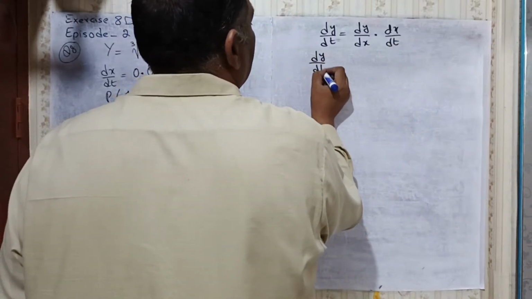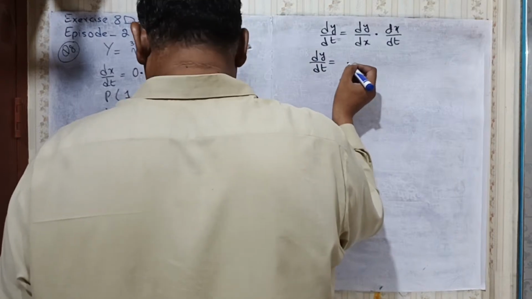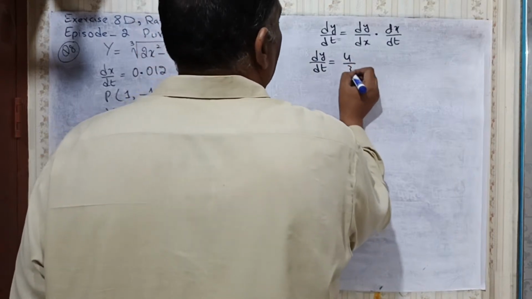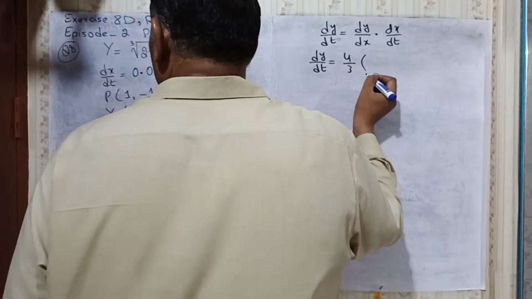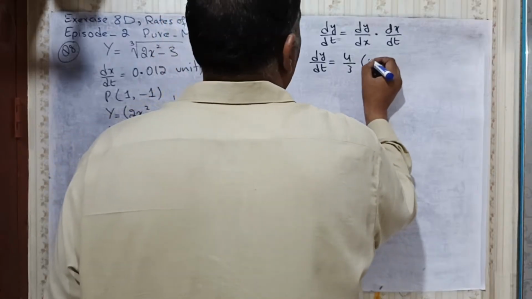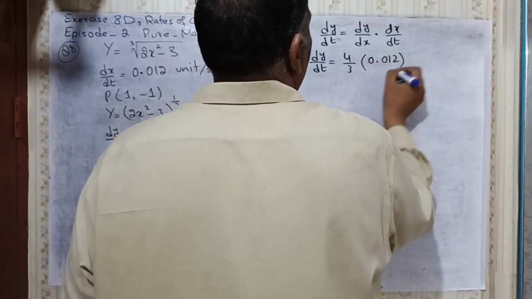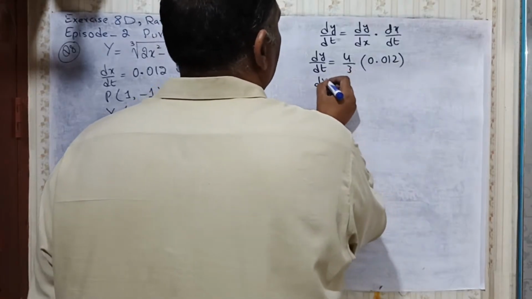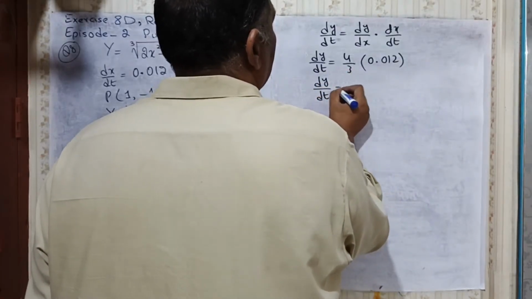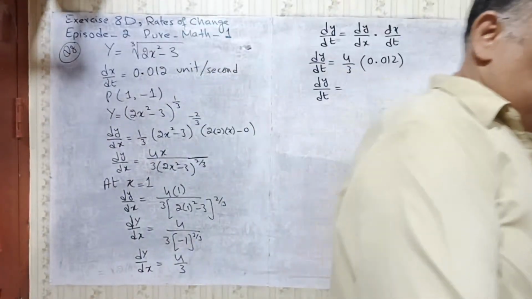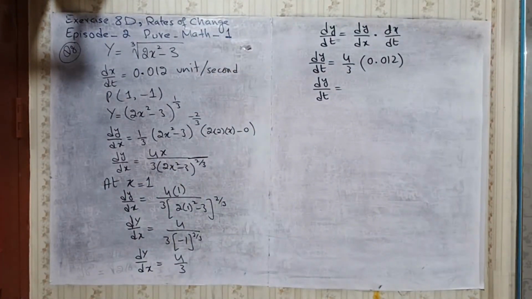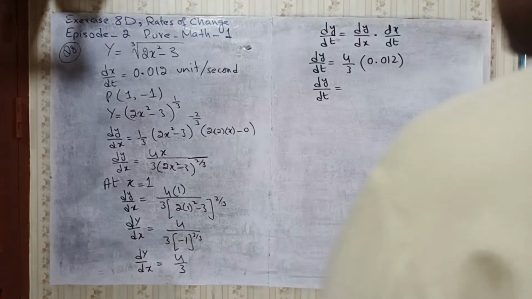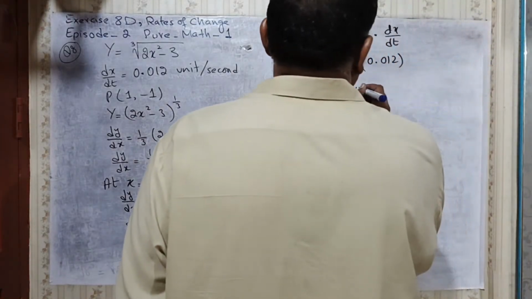I want to find dy by dt. dy by dx is 4 by 3 into dx by dt, which is 0.012. Just multiply them. So dy by dt will be straightforward.